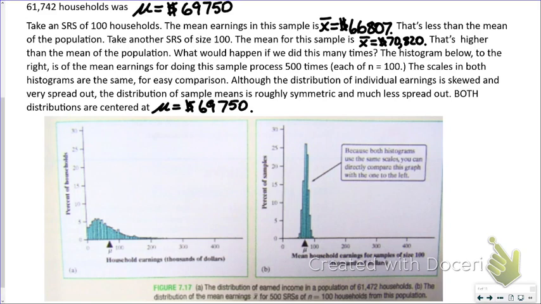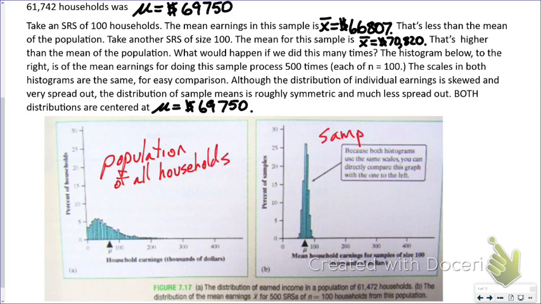On the left, this is the population of all households. And on the right, that is a sampling distribution of 500 means. They took a sample, found the mean, did another sample, found the mean, and it piled up like that.